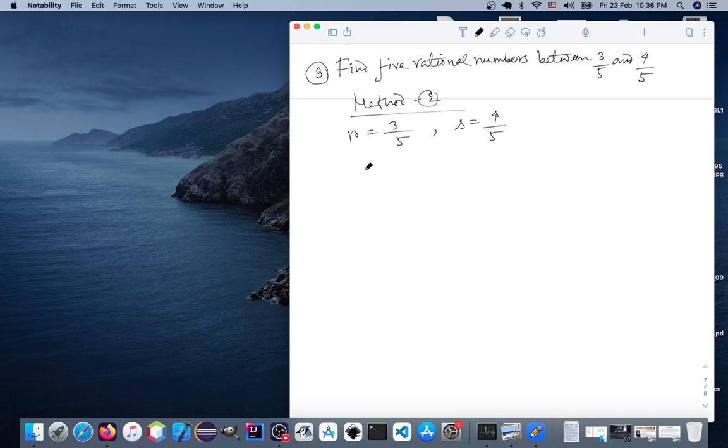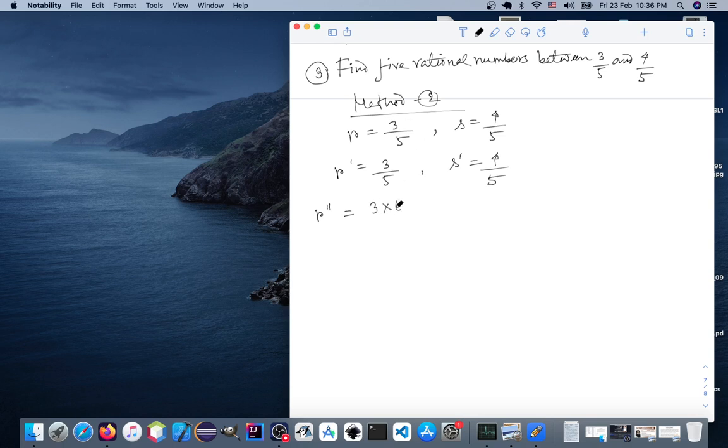To make the denominators equal, we already have r dash equals 3/5 and s dash equals 4/5. Now we find r double dash by multiplying both numerator and denominator with 6. Why 6? Because it is 5 plus 1, as we have to find 5 rational numbers.